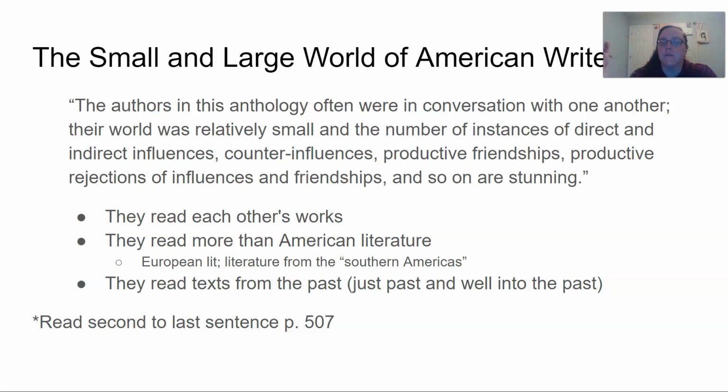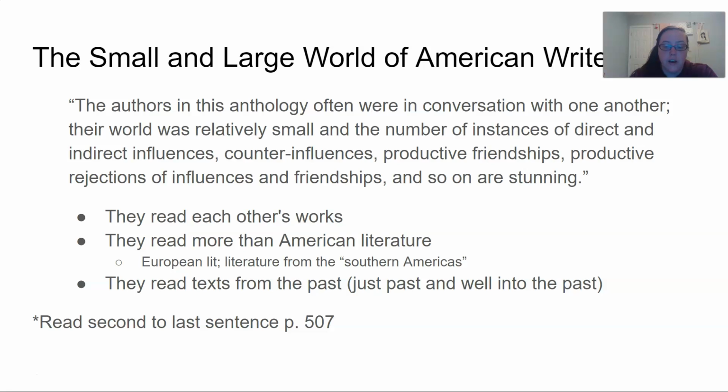They are reading each other's works. So American authors are reading other American authors. They are reading, again, like I said before, authors from other countries, Southern American writings, they're reading European literature. They are reading texts from the past. So our American authors are reading things that were published just before the 1820s.